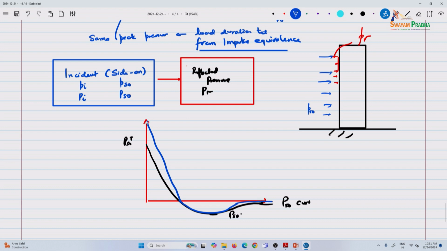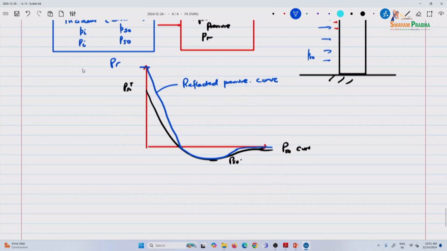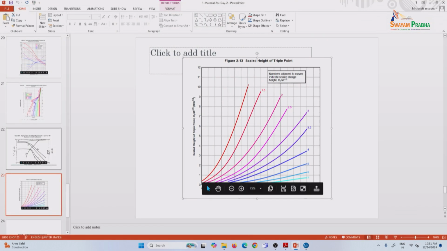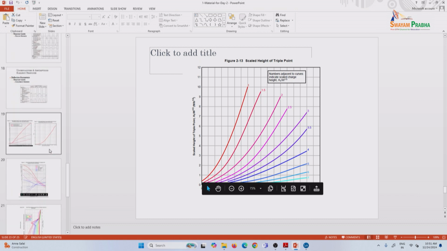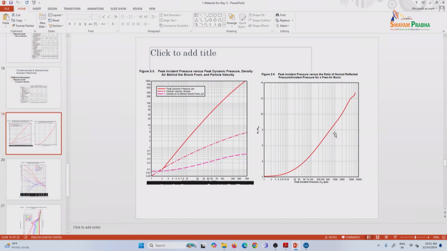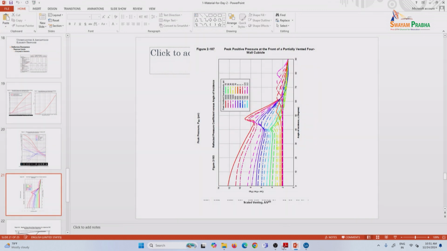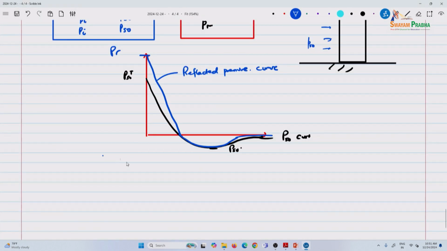I am not drawing it very well, but the thing to keep in mind is it follows a similar pattern, but the reflected pressure value is much higher. To give you an idea, let me bring this up. All these curves again are from UFC 340.